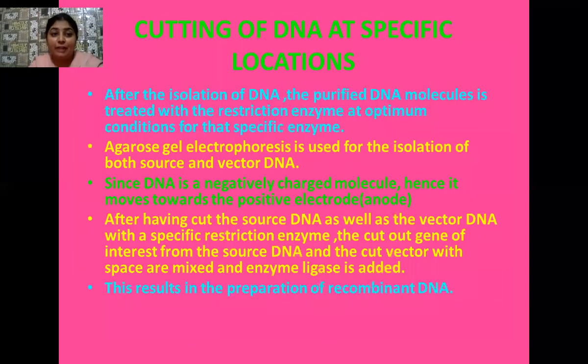Yes, student, after isolation of the DNA, our next step is cutting of the DNA at a specific location. And you know very well, for the cutting of the DNA, whether it is a plasmid DNA or an alien piece of DNA or foreign DNA, you always make use of the enzymes restriction endonucleases. These are popularly known as molecular scissors.